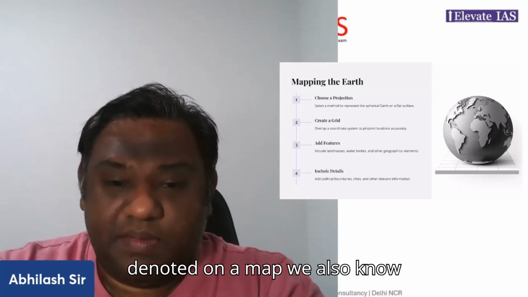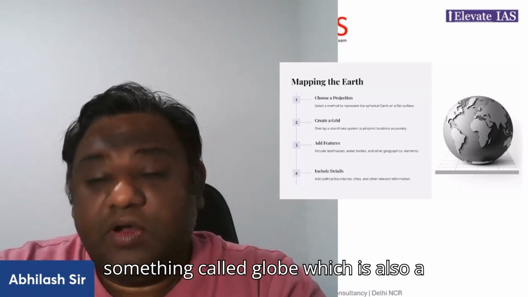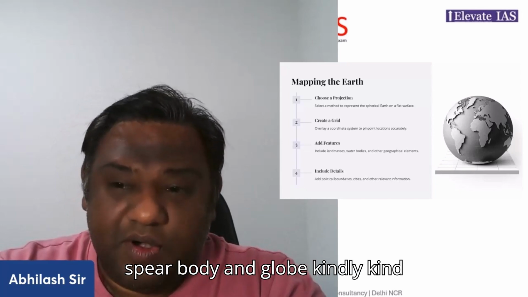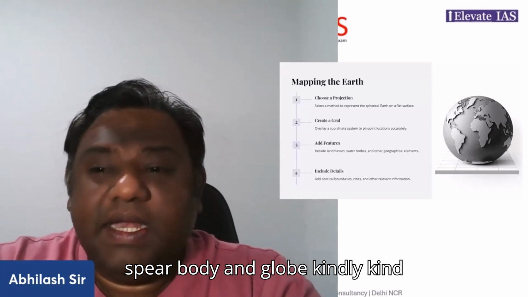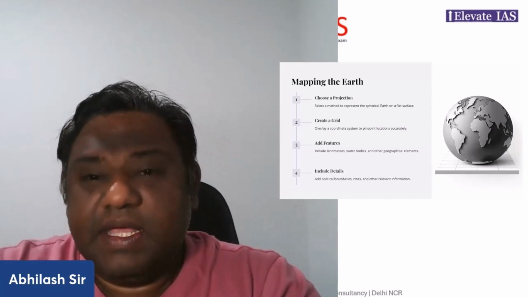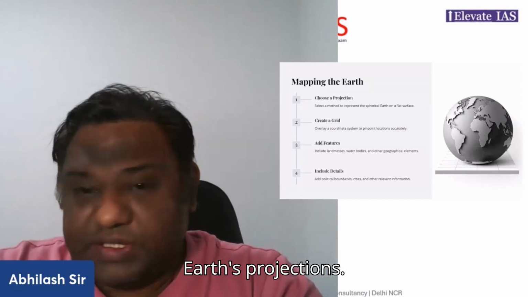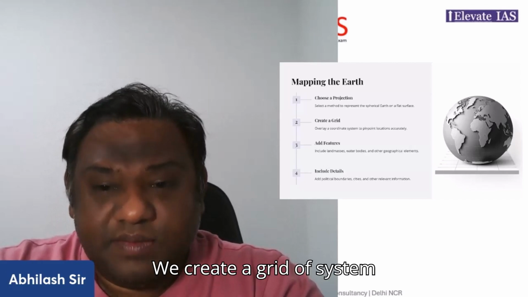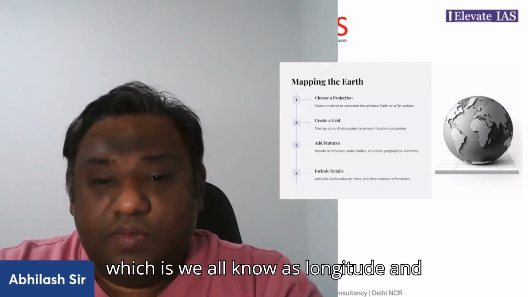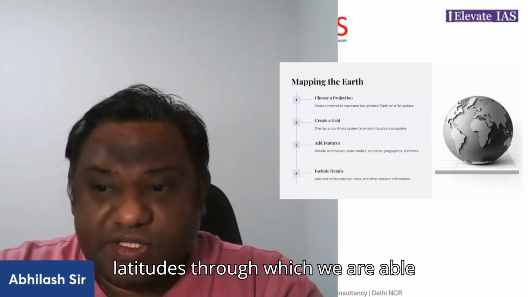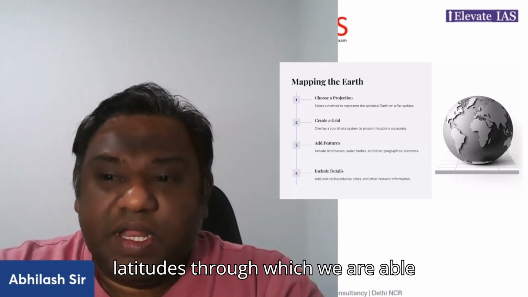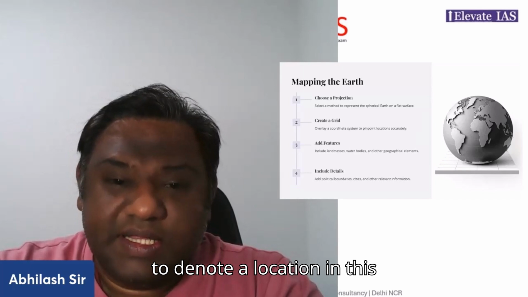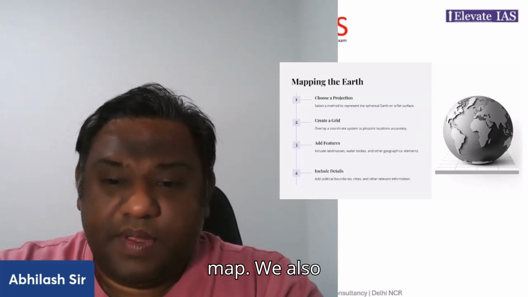We also know something called a globe, which is also a spherical body, and the globe represents the Earth's projections. We create a grid system, which we all know as longitude and latitude, through which we are able to denote a location on this map.